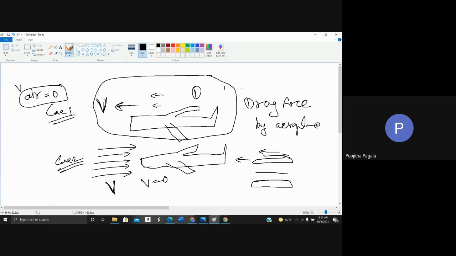Air is trying to move in this direction, whereas airplane will try to keep the air still in this direction.